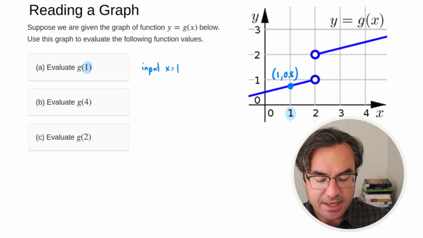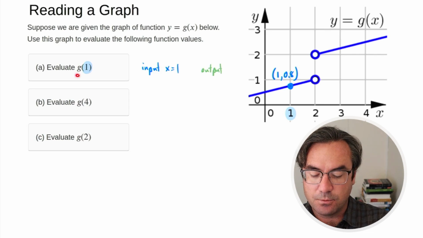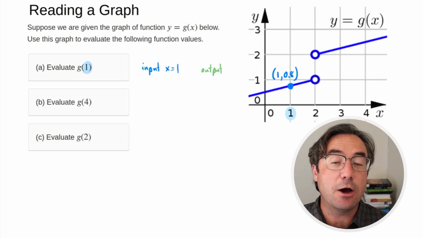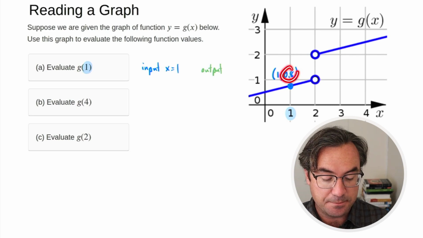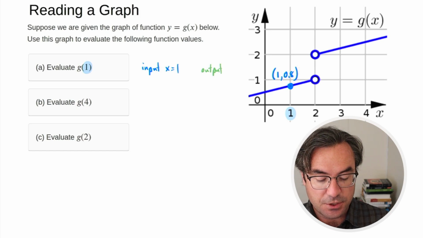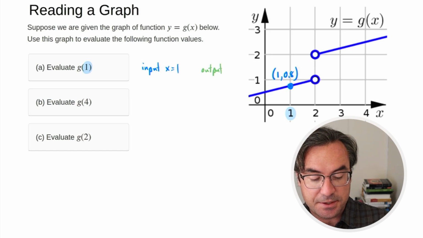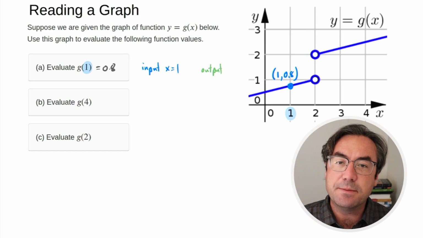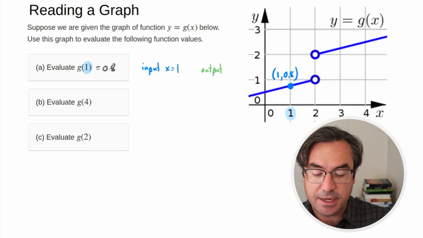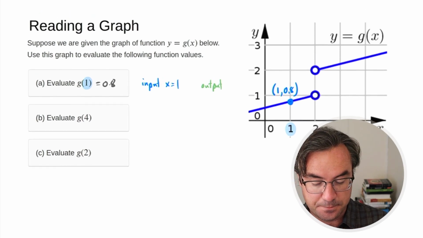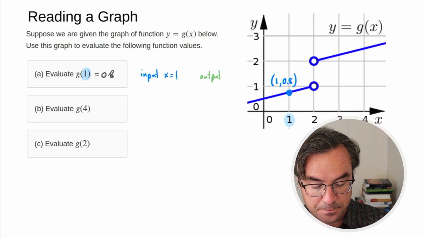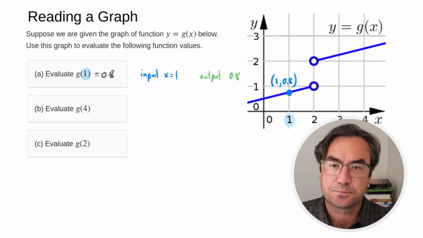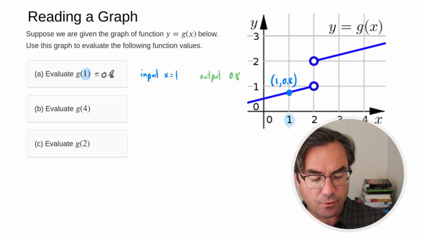So that means the output of our function, in this case, what is the value of g of 1? The output is the y-coordinate. So our output is 0.8. So the input is the x-coordinate, the output is the y-coordinate. That's a helpful thing to remember.